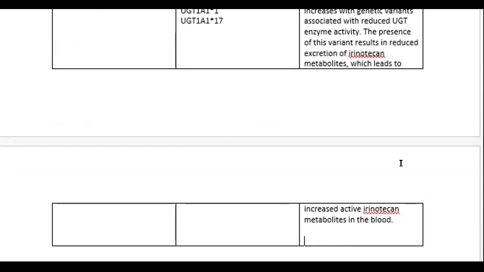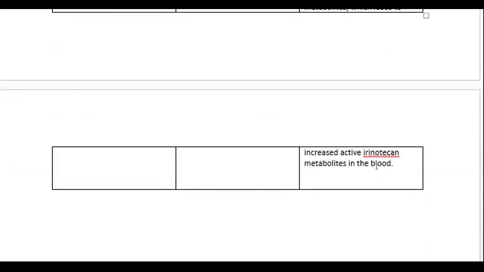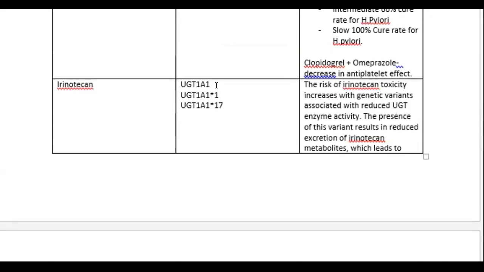And because of this increase in the concentration of irinotecan, first, what is this irinotecan? This is nothing but an acetylcholinesterase inhibitor, and mainly this star 1 variant.